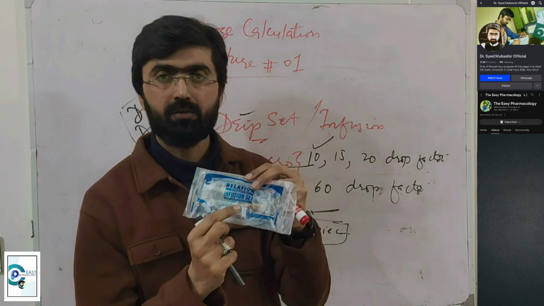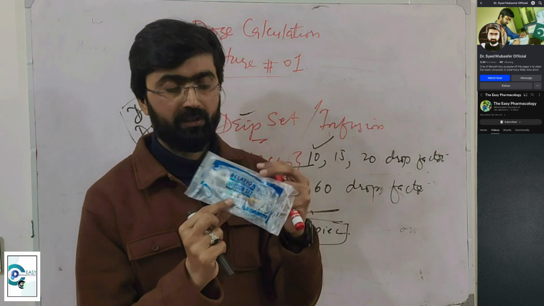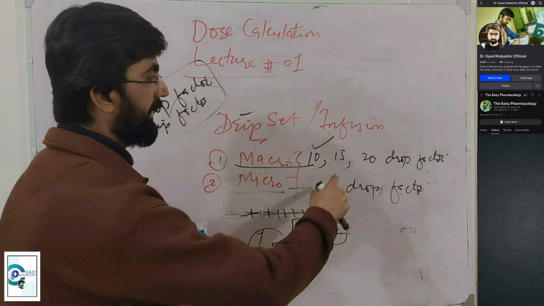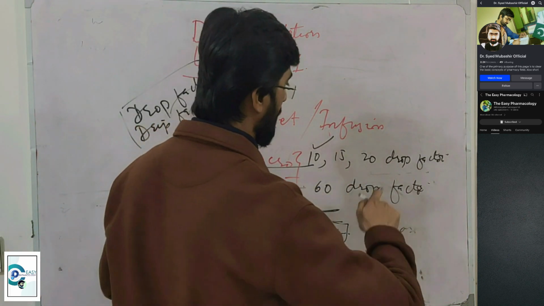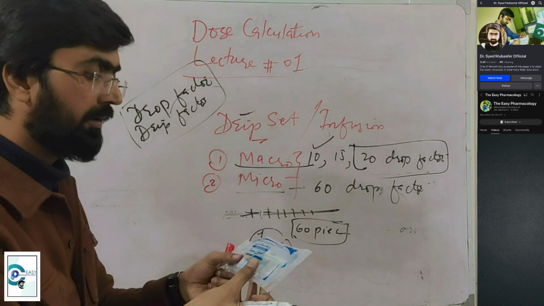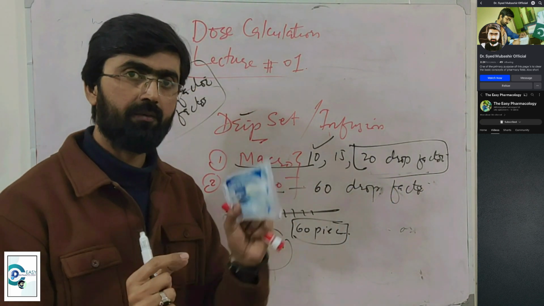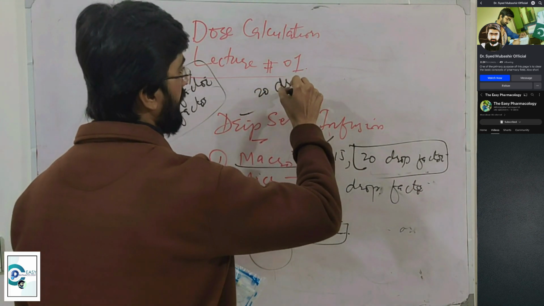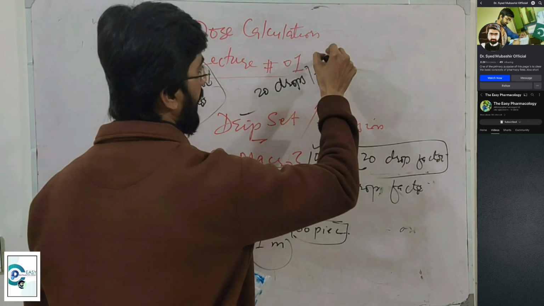So what is the drop factor of this drip set? 20 drops per ml. If I ask you what the drop factor of this drip set is, you will say 20 drops per ml.